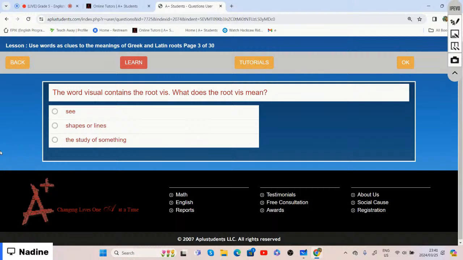The root word vis with the word visual. Vis, is it to see, shapes or lines, or the study of something?